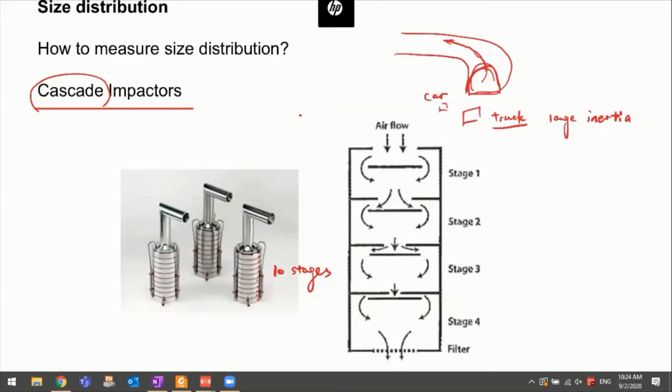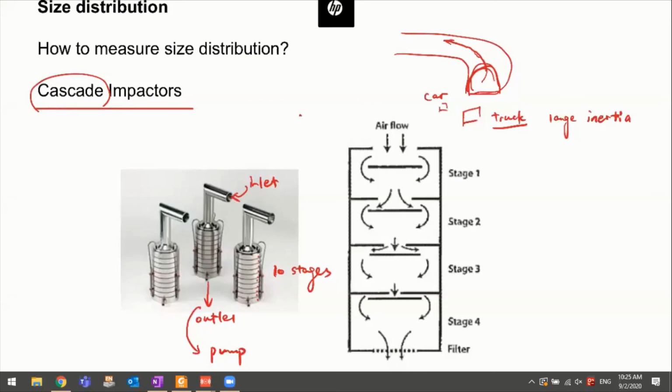The same works for the impactor here. For these impactors, generally this is the inlet, okay? And at the bottom, there's an outlet. The outlet is normally connected to a pump, okay? The pump will pull a certain flow rate through the whole system.